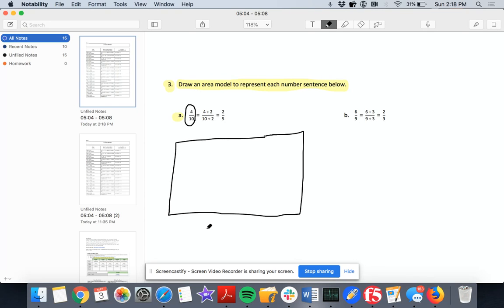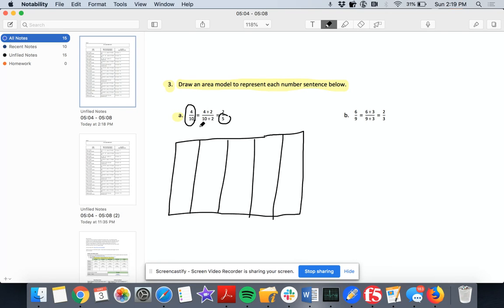And you might be wondering, okay, how am I supposed to figure out how many vertical lines there are, how many horizontal lines there are? Well, I'm going to show you a trick. I'm going to look at the equivalent fraction, which is 2 over 5. Since 5 is the denominator for my equivalent fraction, I know that I'm going to have 5 pieces that run from up to down, 1, 2, 3, 4, 5.